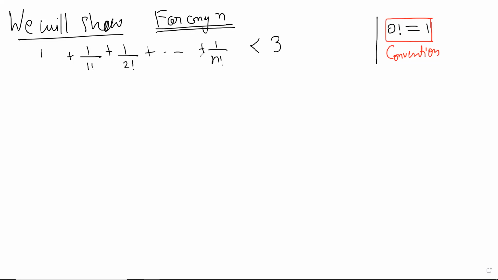So here we will again be using a fundamental inequality, which we had done.